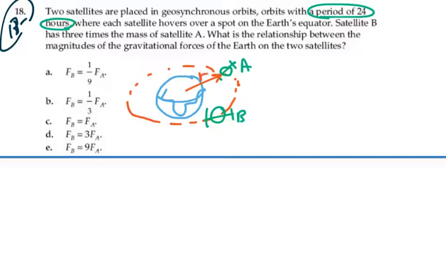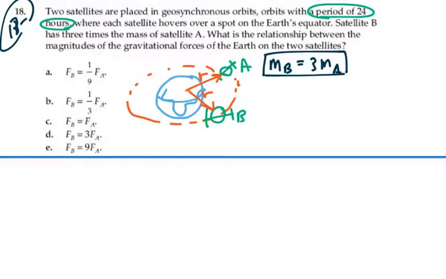So here's some radius r and the same radius r to B. We're just told that the mass of B is 3 times the mass of A. But they have the same radius because they have the same period of orbit.